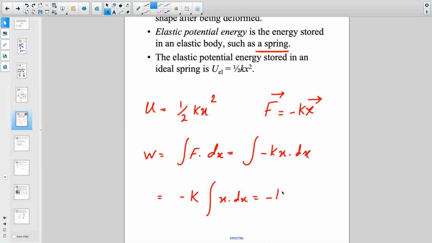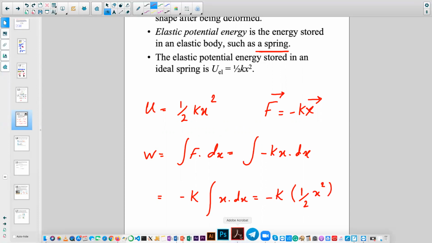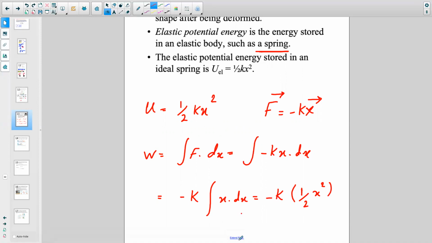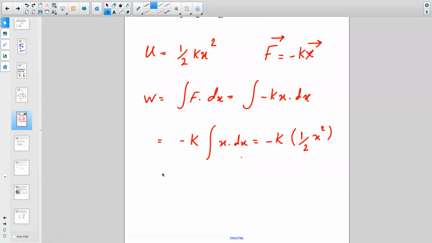The integral of x dot dx is half x squared. So I can write the work as negative k, half k x squared.